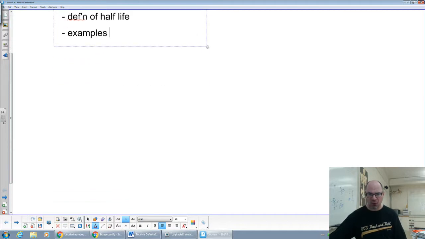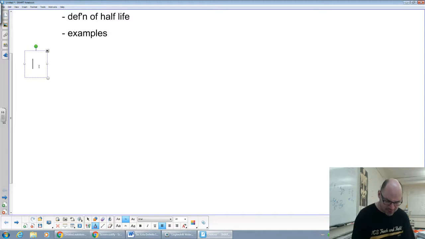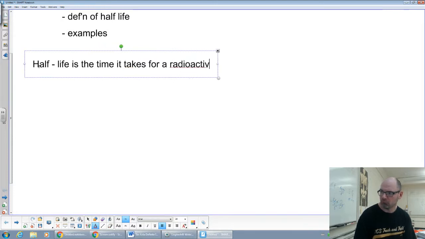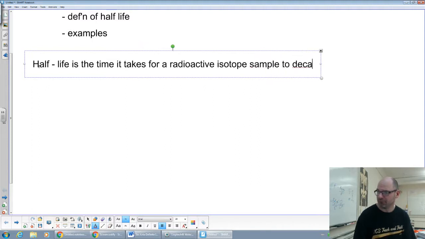If you're thinking about what we're talking about when we talk about half-life, half-life is the time it takes for a radioactive isotope sample to decay to half its original mass.